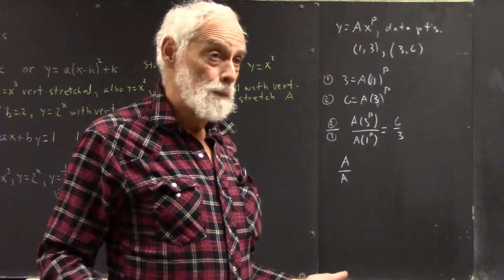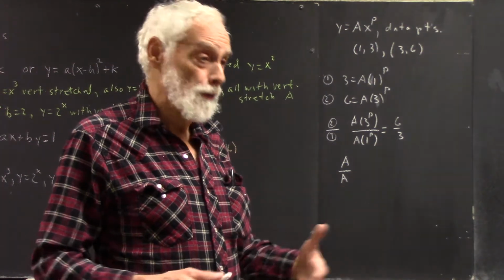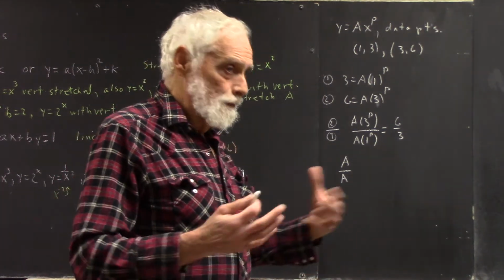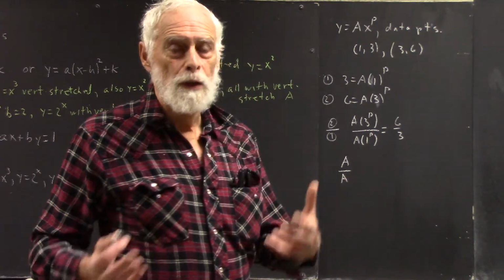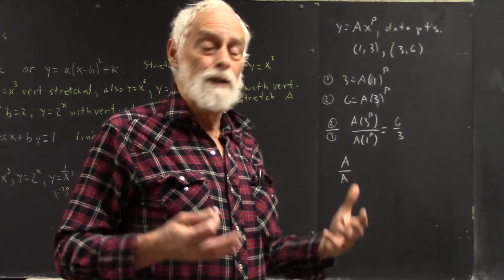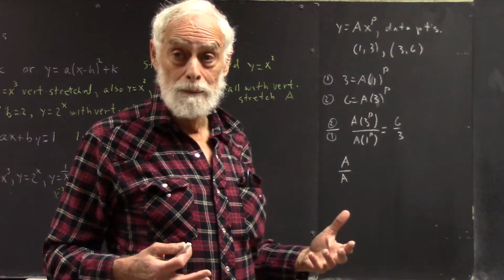Because you're not remembering them and you're not applying them. And this is almost everybody. I don't think anybody is reliably going to use the laws of exponents correctly unless you learn why they're true.